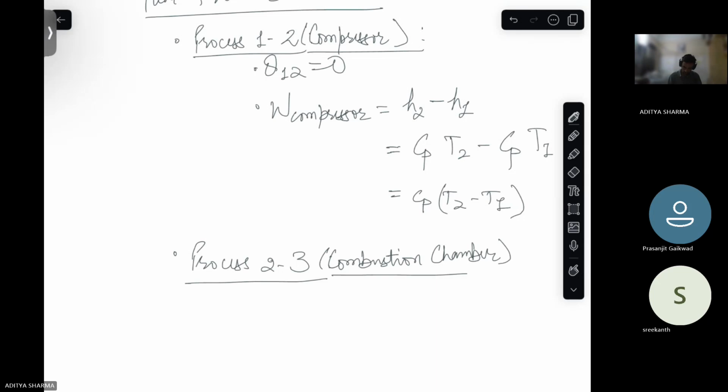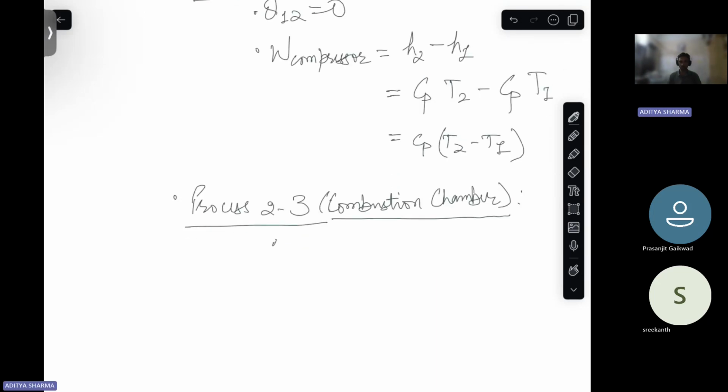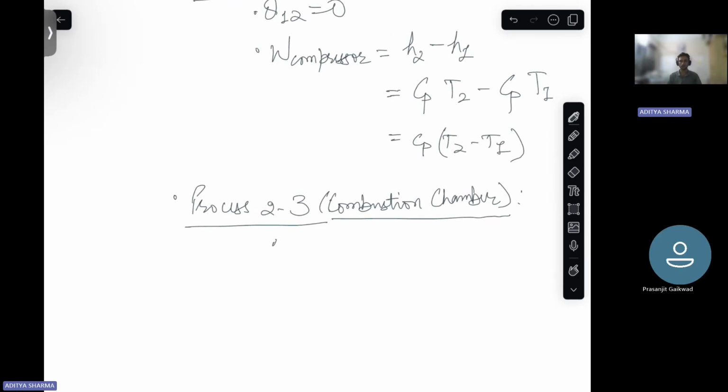This is your combustion chamber. So what can we comment about it in terms of heat or work? There is heat addition here, right?